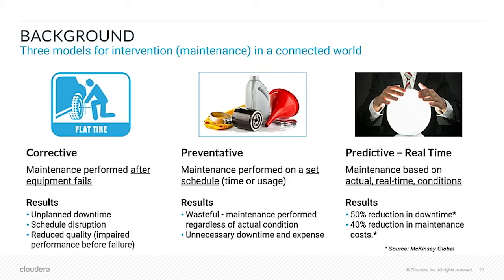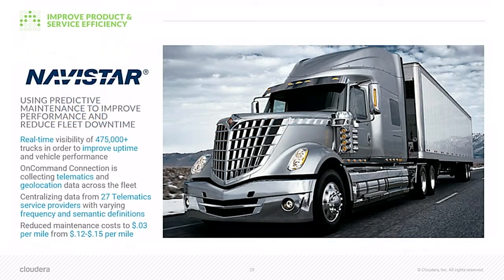So it's much more efficient. You use as much of the life of that asset as possible. You minimize the service you have to do while still keeping uptime good.